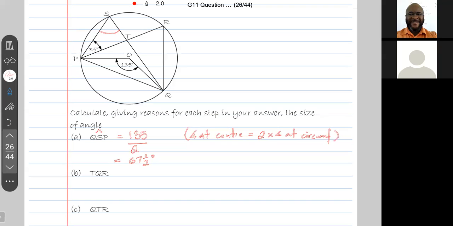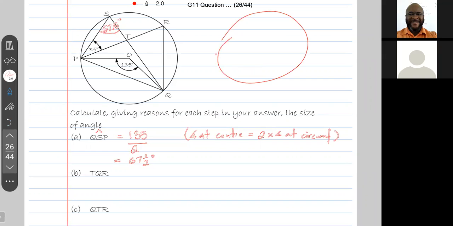Angle at center is equal to 2 times the angle at the circumference. Now, please look. According to that, this is 67.5 degrees. Please note, this is how you get angle at center and angle at circumference.